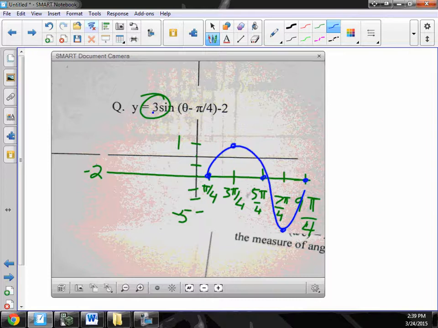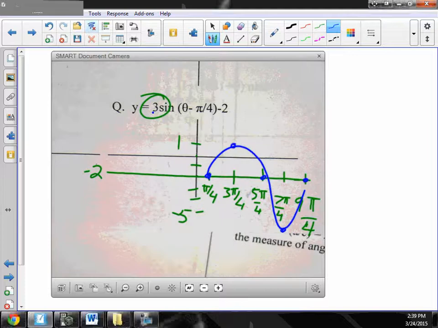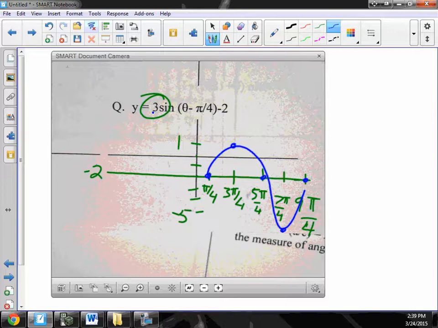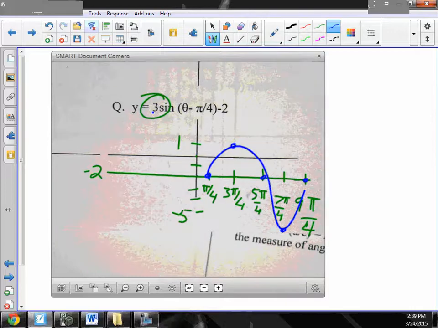Now, you can actually graph these in your calculator if you wanted to, but it's a huge hassle because every time it shifts horizontally, you would need to change your window, and if it doesn't shift using the same critical points, like if it shifts 90 degrees, that's nice, but if it shifts like 37 degrees, then you have to recalculate.